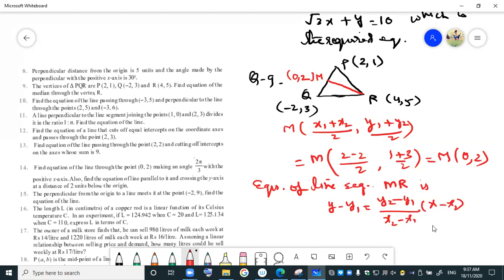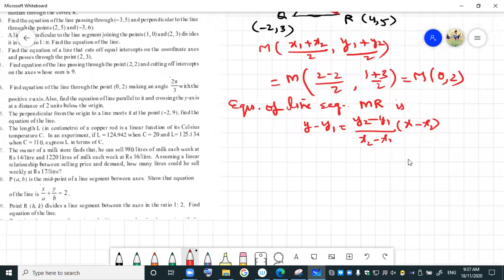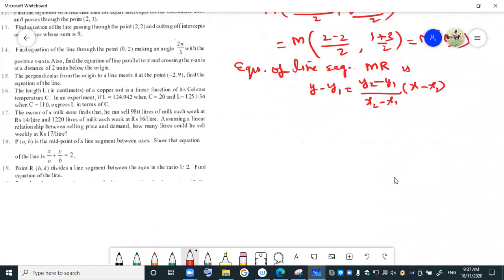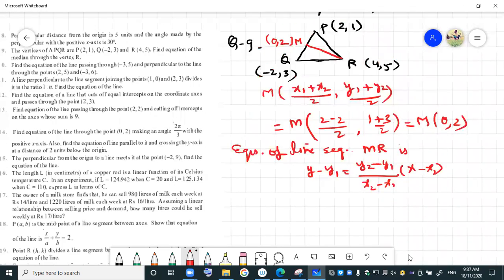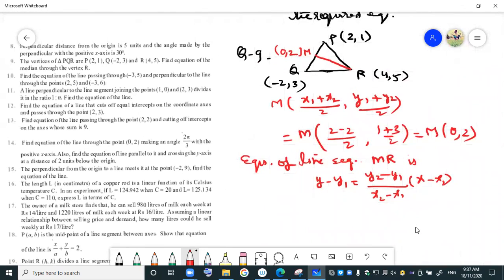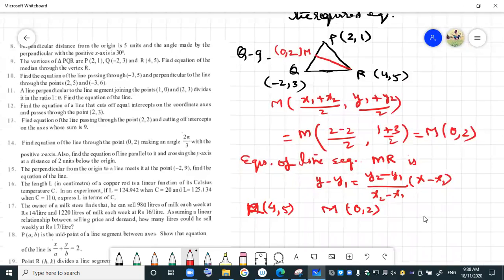Substituting the values, the coordinates of M and R. This is R, and M is 0, 2. It doesn't matter, you can take x1, y1 as this or that. No problem.